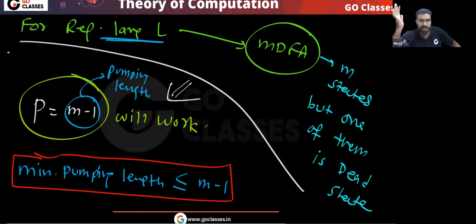For a regular language L, if you have a minimal DFA which has M states, and one of them is a dead state, then from the candidate string point of view, from the proof point of view, you already remember the proof. This proof we have already seen.